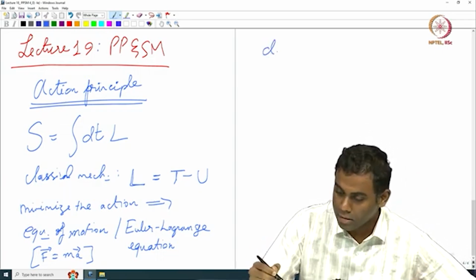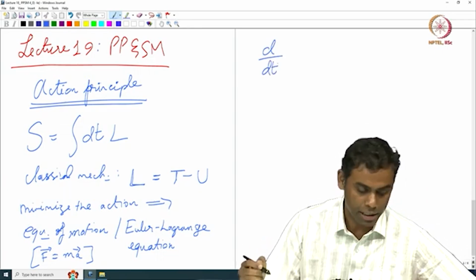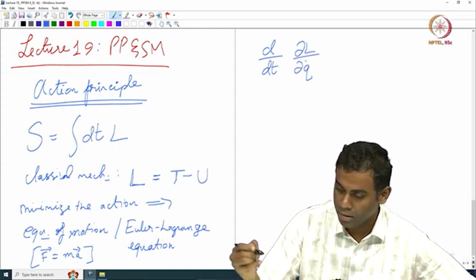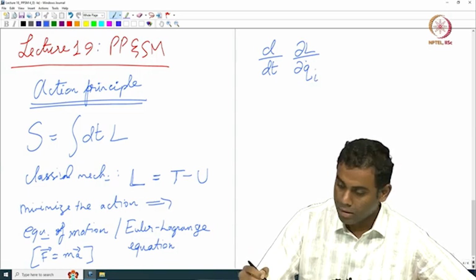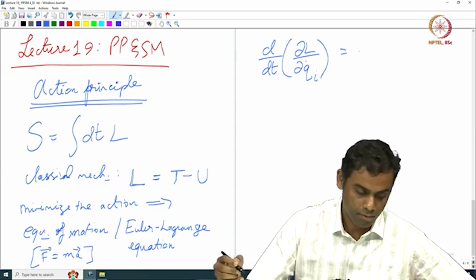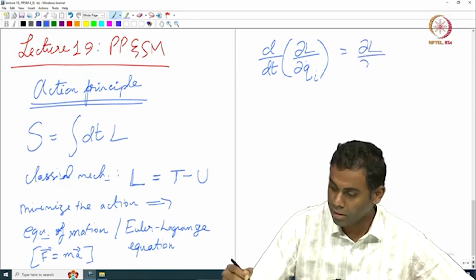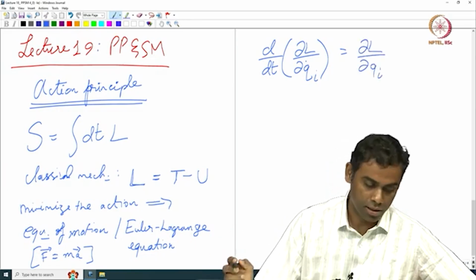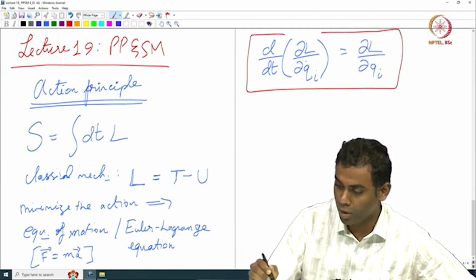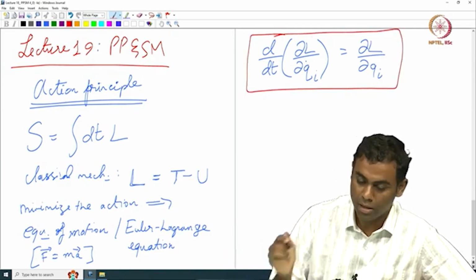And that is, I am just going to write the generic equation of motion. Again, this is all in classical mechanics, okay? That's the Euler-Lagrange equation. So I'm sure you remember this, right? What are Qi and Qi dot?